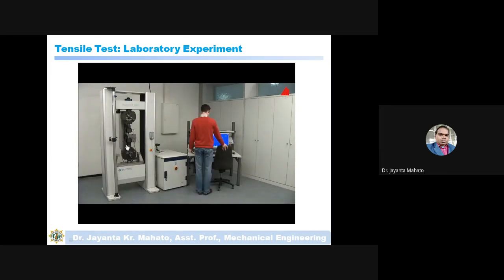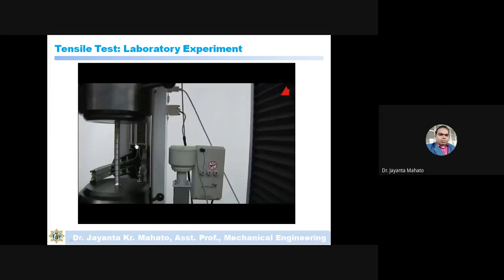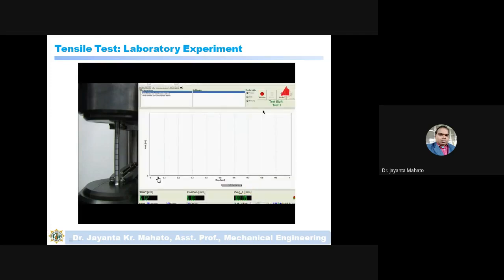That load cell will sense the load, how much load is being experienced. And this is called the extensometer. This extensometer will precisely measure the extension. Okay, now see what happened during the test. What will happen?